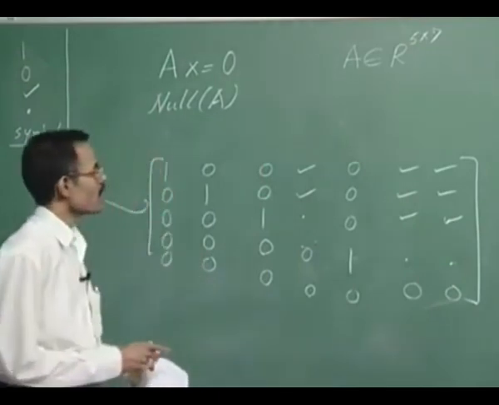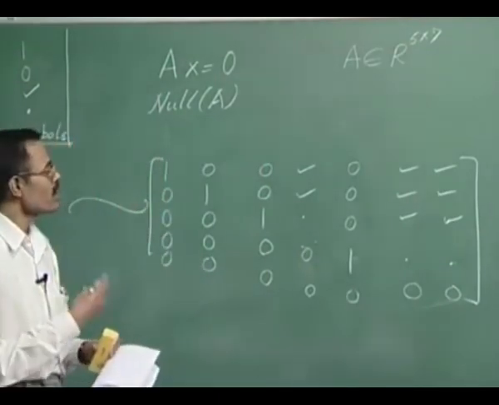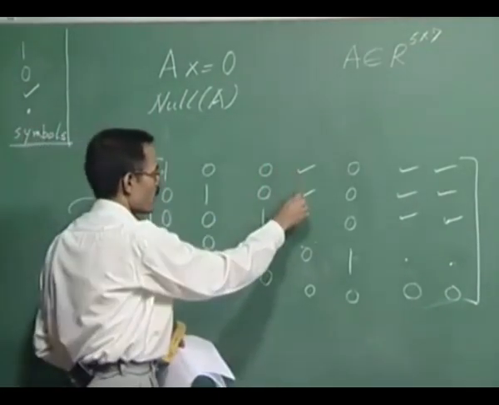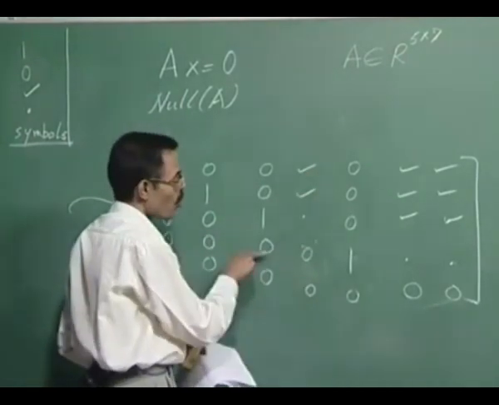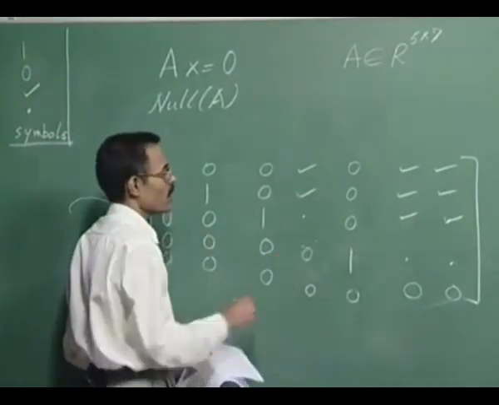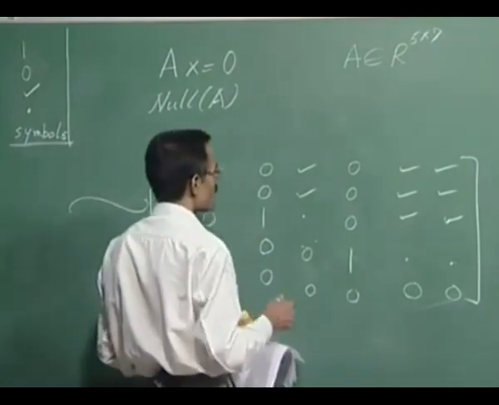So, now the non-trivial entries in this matrix remain in these locations, in that column in which there is no 1 in the leading position. Okay. So, now let us give them names.